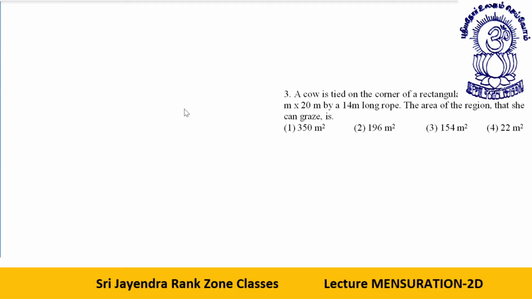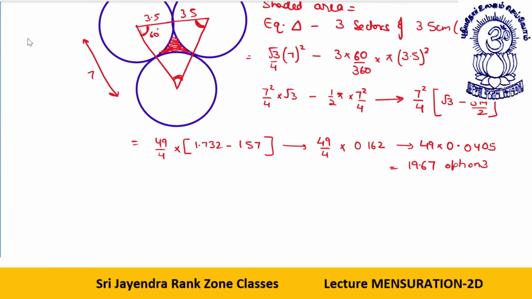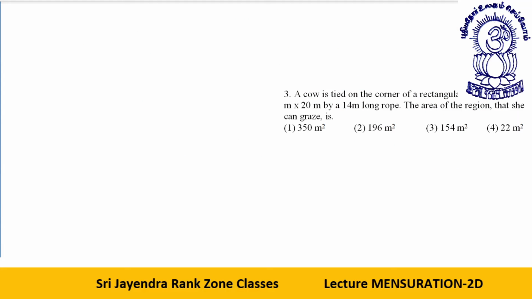A cow is tied on the corner of a rectangular field of size 30 by 20 by a 14-meter long rope. The area of the region that she can graze is, see, we have a rectangle. The dimensions of the rectangle are 30 by 20.